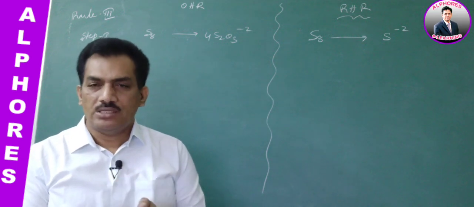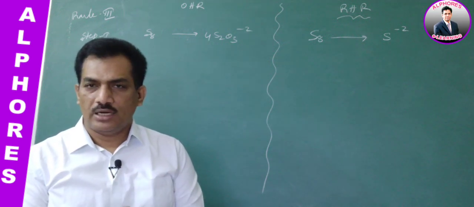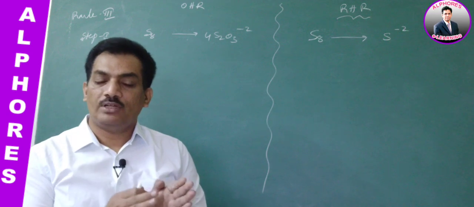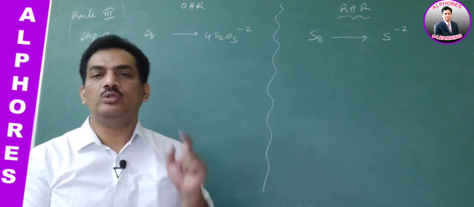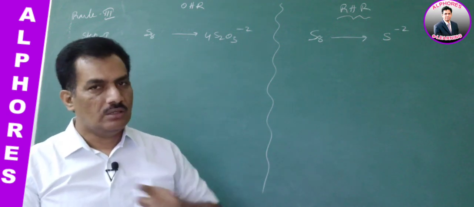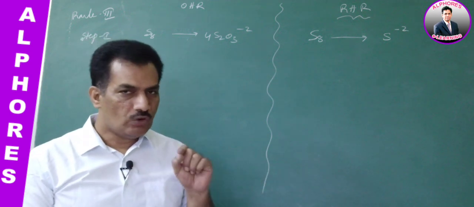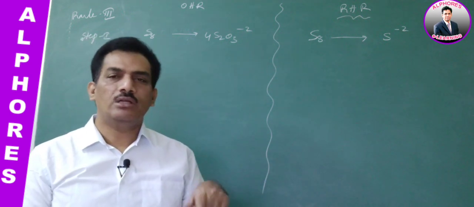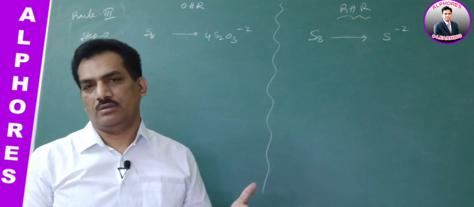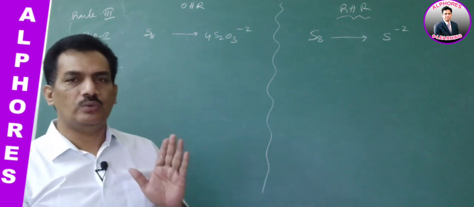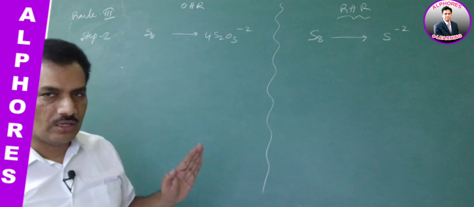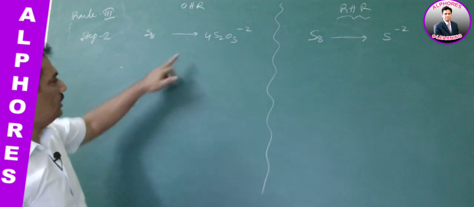When you are balancing the atoms on the product side or reactant side, use only the coefficient, not the subscript. Once you change the subscript, the compound nature automatically changes. That's why we should always use the coefficient. Are you following? Clear? And now it is 4.